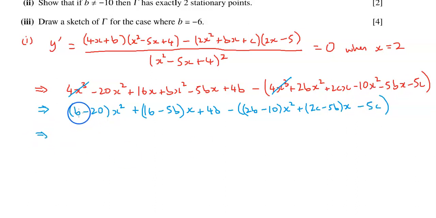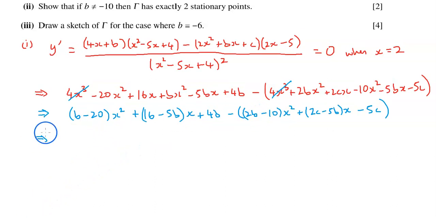Okay, now we've got (b minus 20) x squareds minus (2b minus 10) x squareds. So we've got negative b minus 10 lots of x squared. And looks like the b's are going to cancel here.